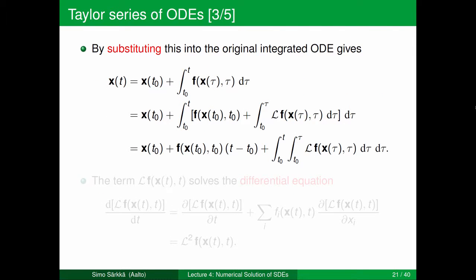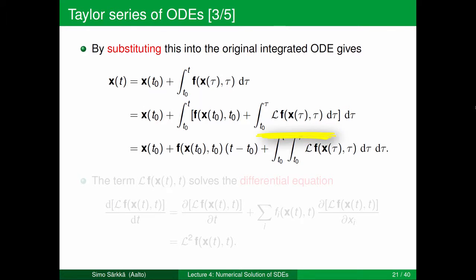Let's now recall that the integral form of our original ODE was x t equal to x t0 plus the integral from t0 to t of f of x tau, tau d tau. But now if we use the result from the previous slide, this can be written as x t0 plus the integral from t0 to t of f x t0, t0 plus the integral from t0 to tau of the linear operator applied to f of x tau, tau d tau.